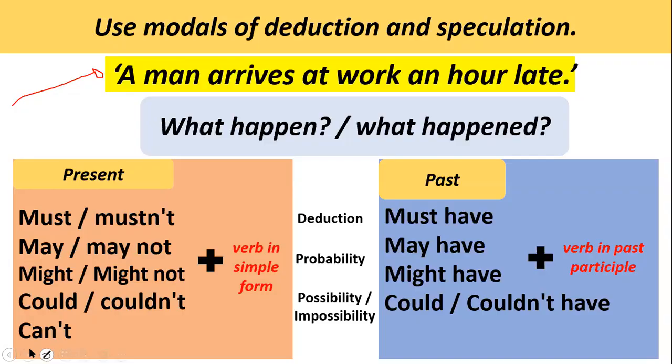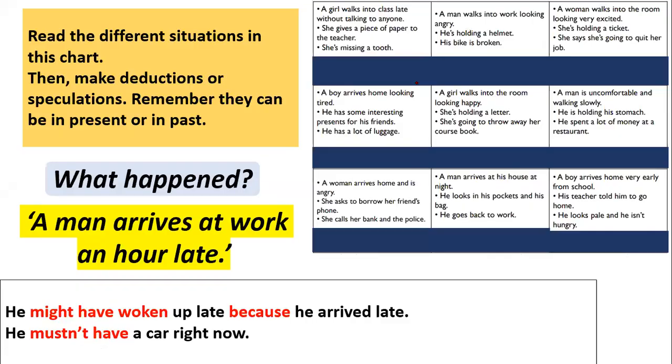So this is what you're going to do. In this next activity, I'm going to send you a picture of this box, and the box has different sentences. It says a girl walks into the class late without talking to anyone. She gives a piece of paper to the teacher. She's missing a tooth. Read the different situations.